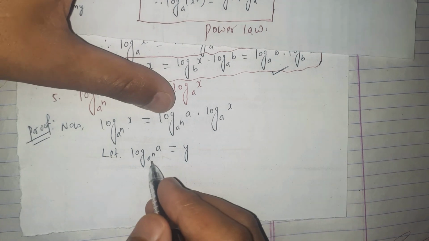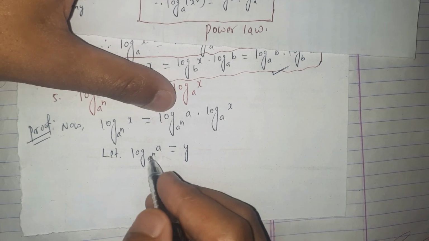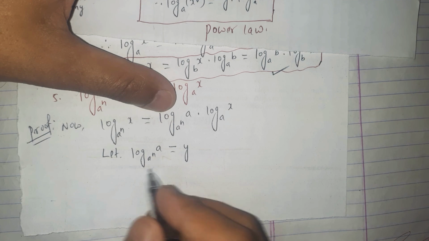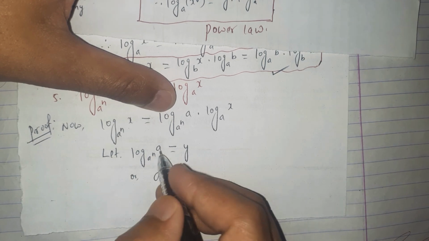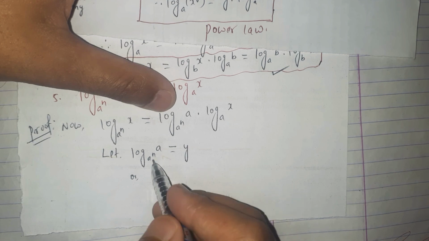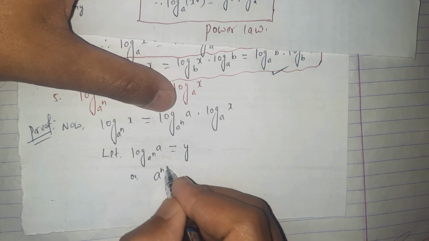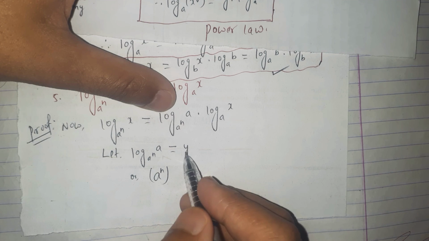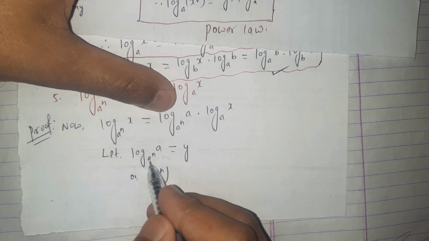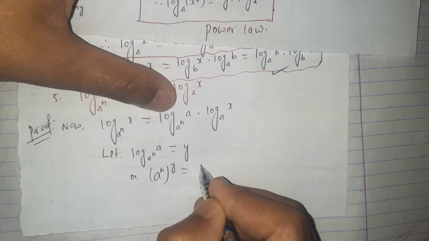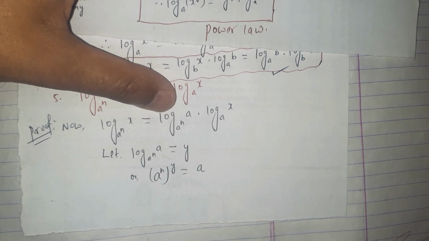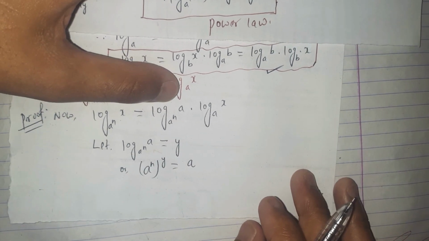By using the concept of exponents, we can interchange this logarithm form into the exponential form. This can be written as a raised to the power n, the base a raised to the power n, to the power y, is equal to just a.